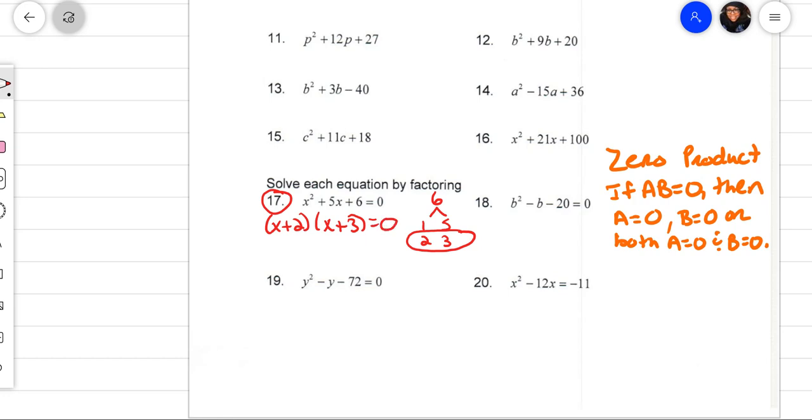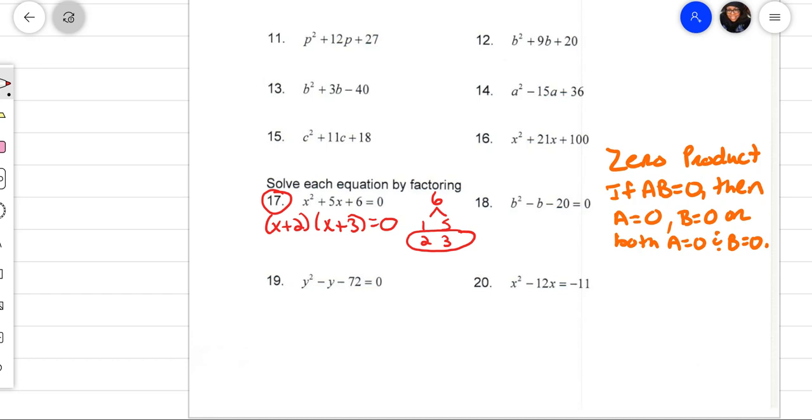But what's different now is that from 16 up, those are just factoring. From 17 down, these are solving. And you know that because it says equals 0. It's an equation, so you can finish it up.